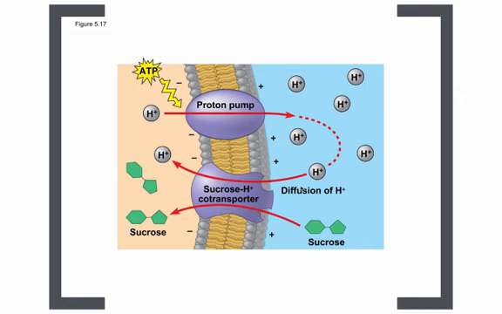And you can use that force then to transport other things. So you can imagine as the proton moves down its concentration gradient and down the electrical gradient, the energy released in that process can be used to co-transport molecules that the cell wants, such as sucrose, which is an energy source. So this is a common process in plant cells.